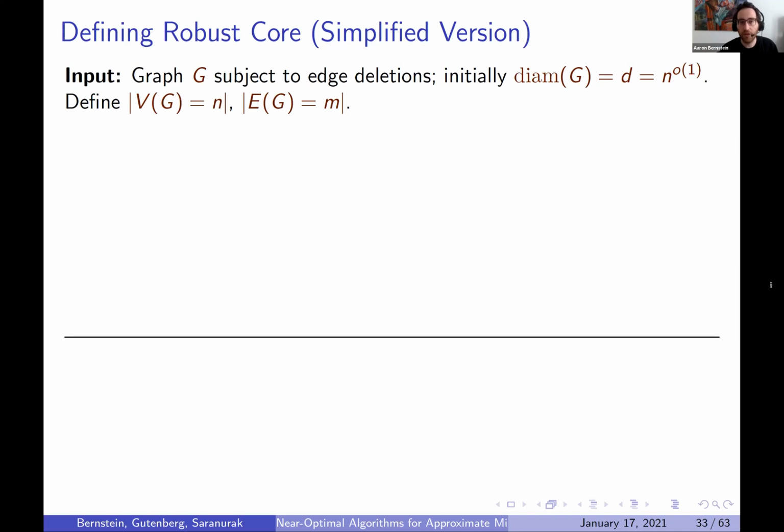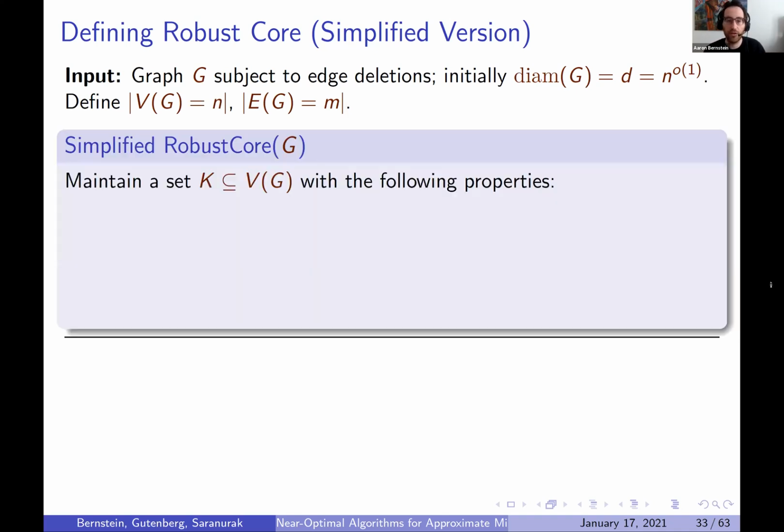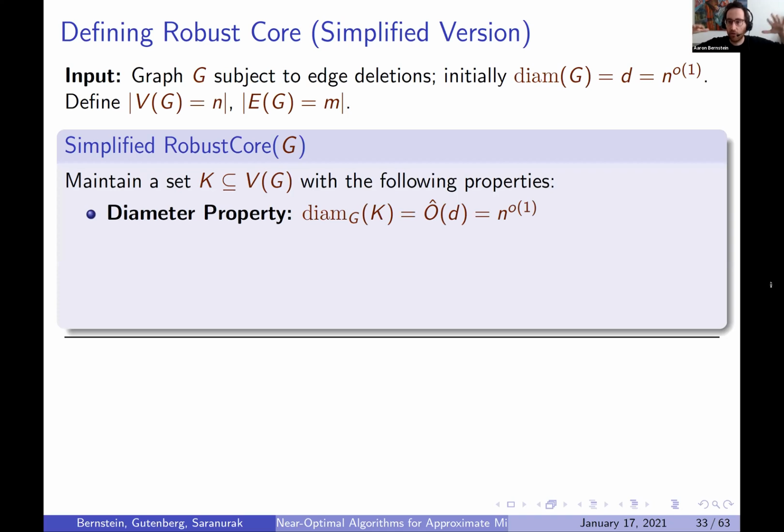So the input is a graph subject to edge deletions, and you assume that graph has small diameter. The goal is to maintain a set K inside the graph such that K has low diameter, right? Initially you just set K equal to the vertex set because the whole graph has low diameter. But as you delete edges, the graph might not have low diameter, and so you need to maintain this low diameter set K.